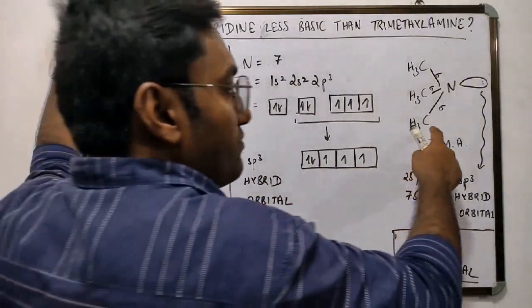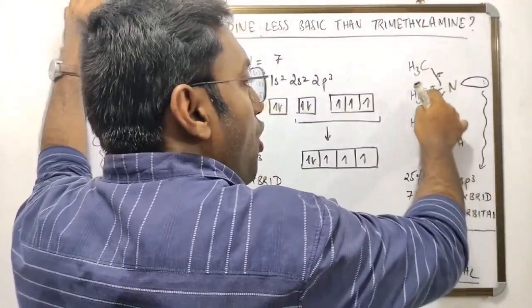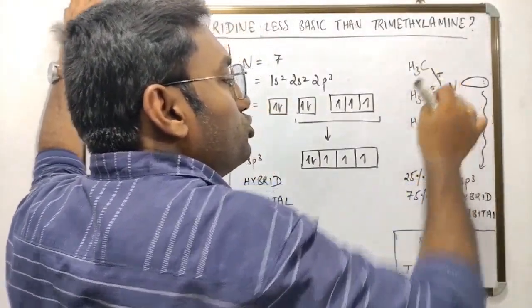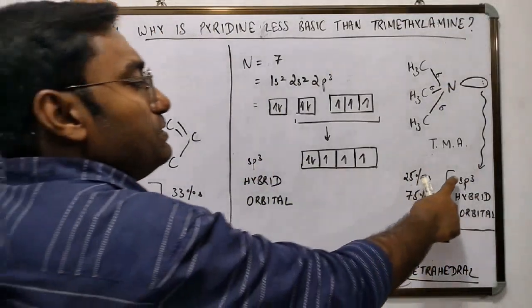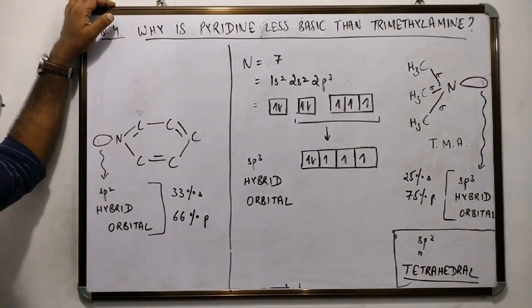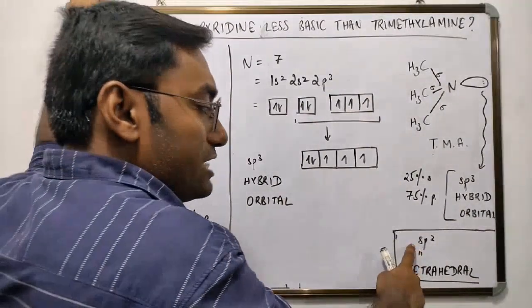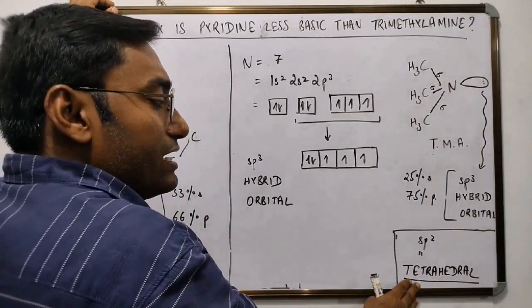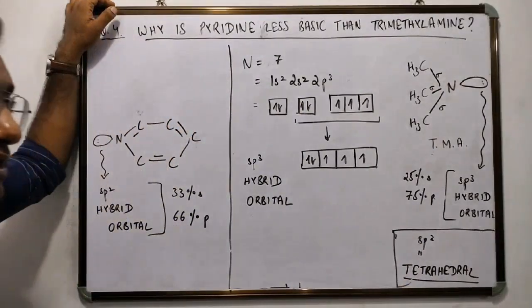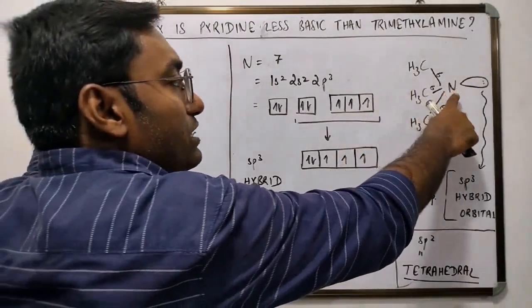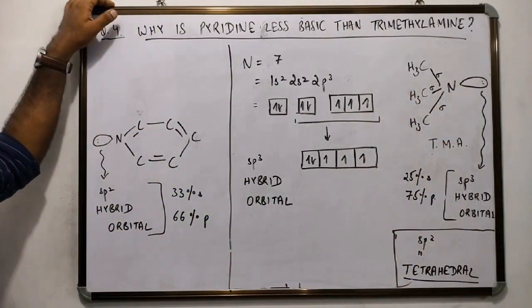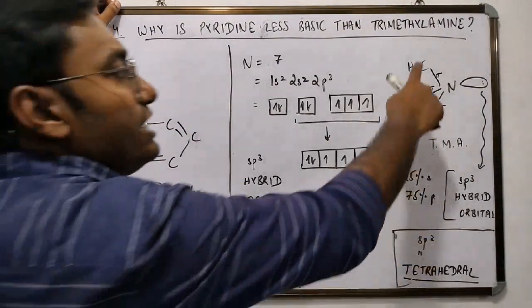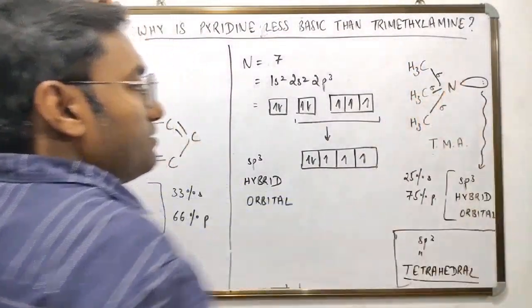For a molecule to have a tetrahedral structure, all atoms of that molecule should undergo sp3 hybridization, because it is only sp3 hybridization that would permit a tetrahedral geometry. Therefore, all atoms including nitrogen undergo sp3 hybridization in trimethylamine.